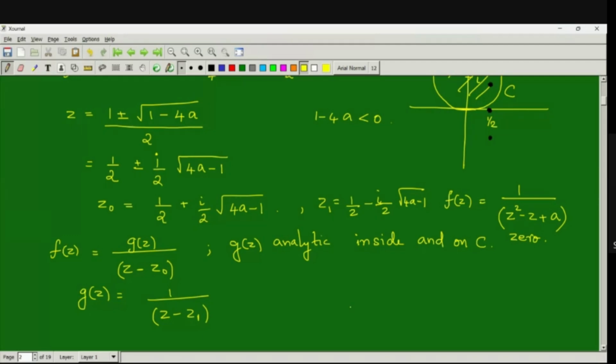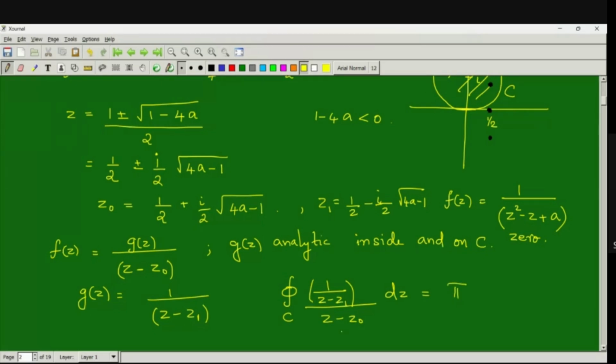Agreed? Yes, ma'am. Okay. Now what is given? The integral of f(z), which I am modifying like this, 1 by z minus z1 by z minus z0 times dz, is actually pi.